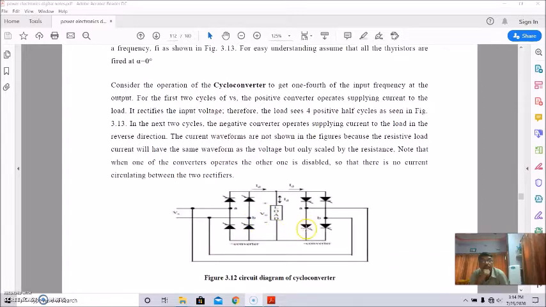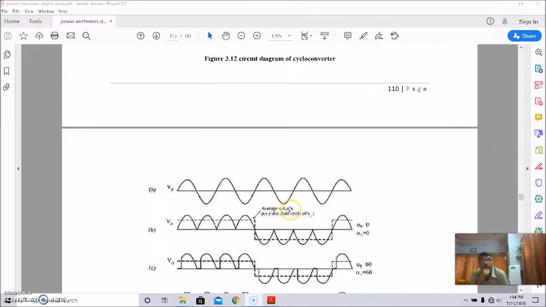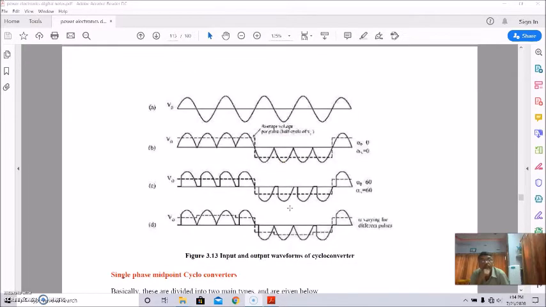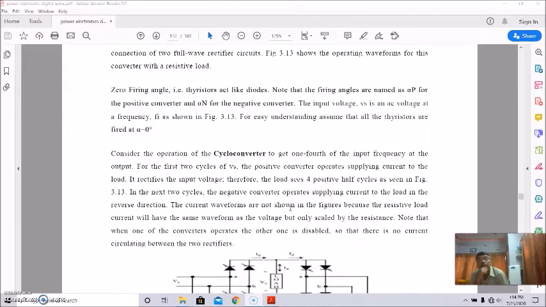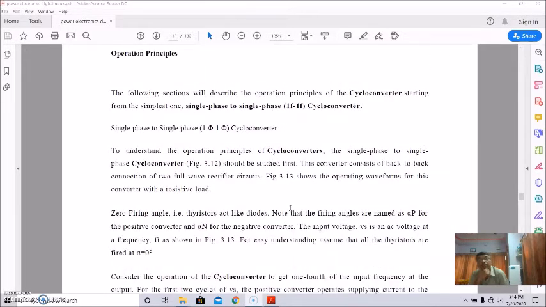This is the circuit diagram, and this is the waveform. So how does it operate?